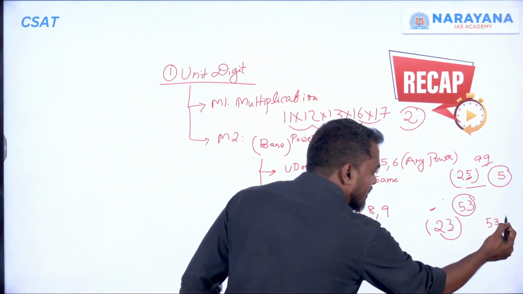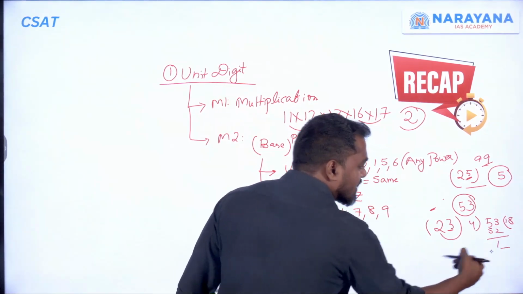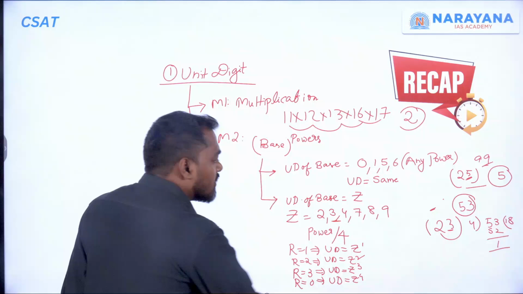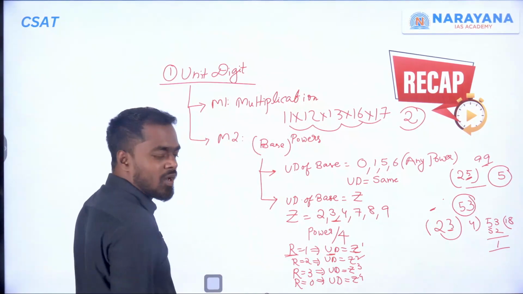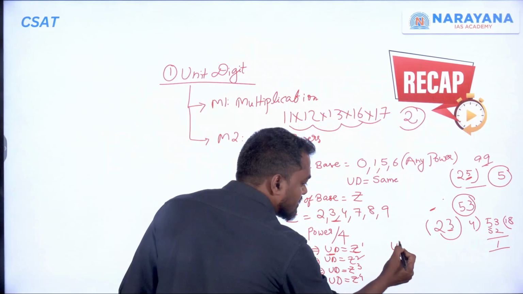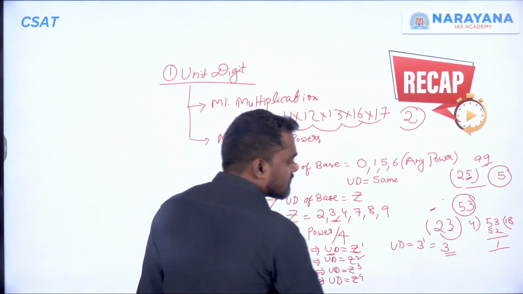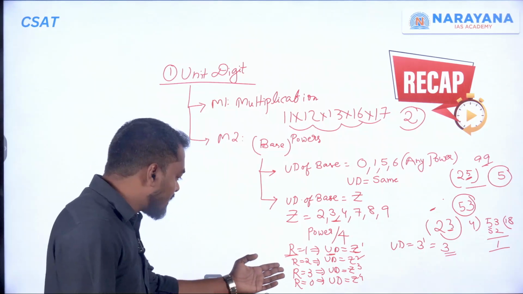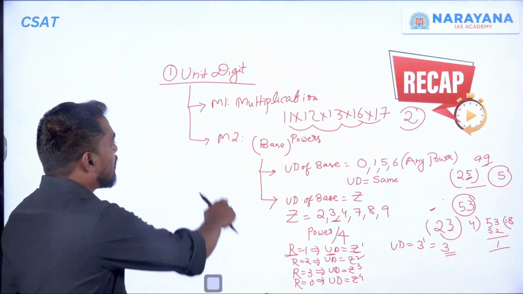So 53, if you divide it by 4, 4 13s are 52, you are getting a remainder 1. If you get a remainder 1, what is your unit digit? Z to the power 1. So that is nothing but the unit digit is 3 to the power 1, which is 3. Similarly, if you get a remainder of 3, your unit digit will be z cube. So these are the models we discussed.